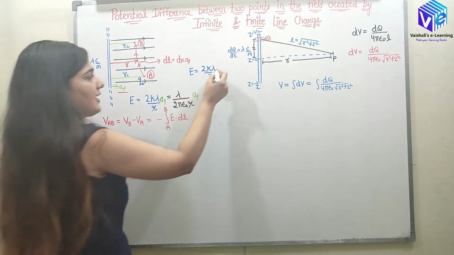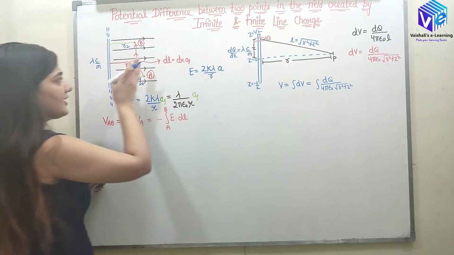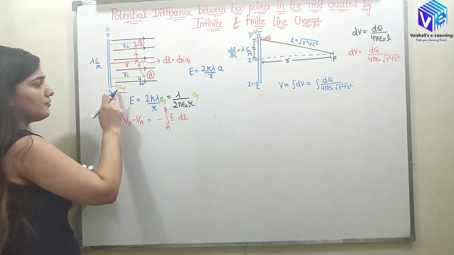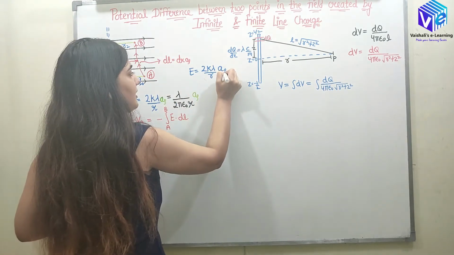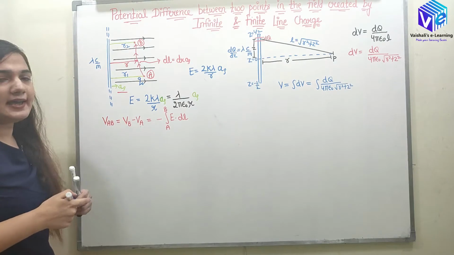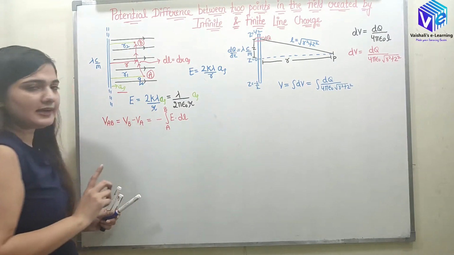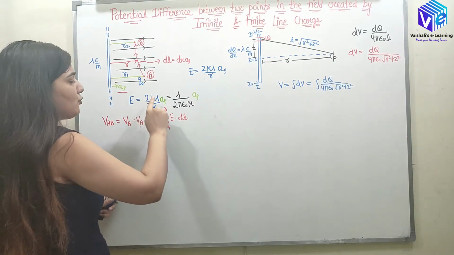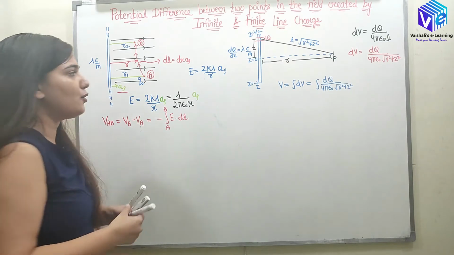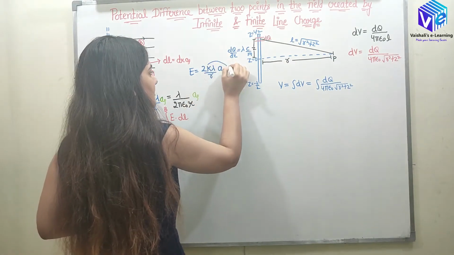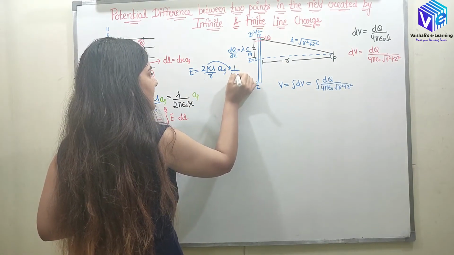This is the unit vector, and the direction of the electric field is the direction represented by the unit vector. So this is my electric field, the same thing I have represented here, 2k lambda upon R. I know what K is: K is 1 upon 4 pi epsilon naught.